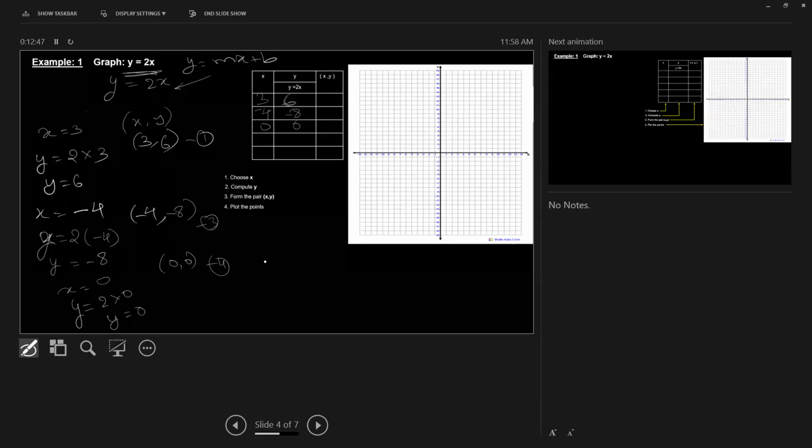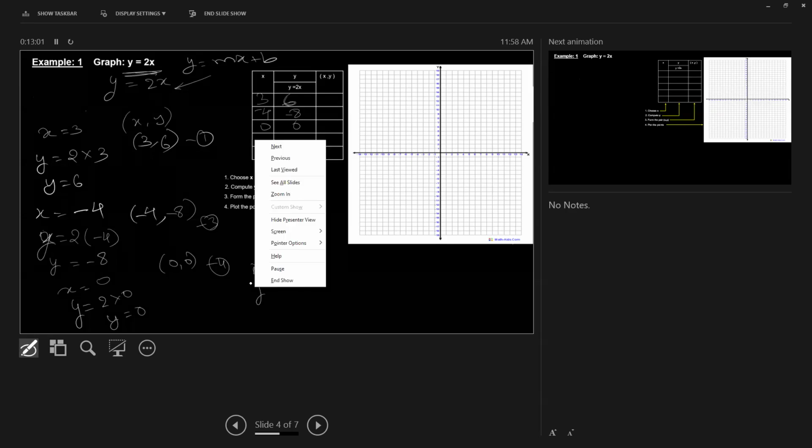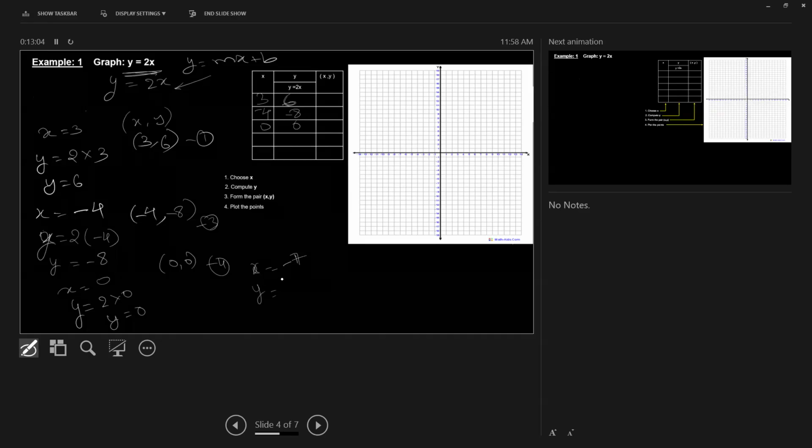So let's do another two. Let's take x equals minus 7. Then y equals 2 times minus 7, which is y equals minus 14. So minus 7 and minus 14.